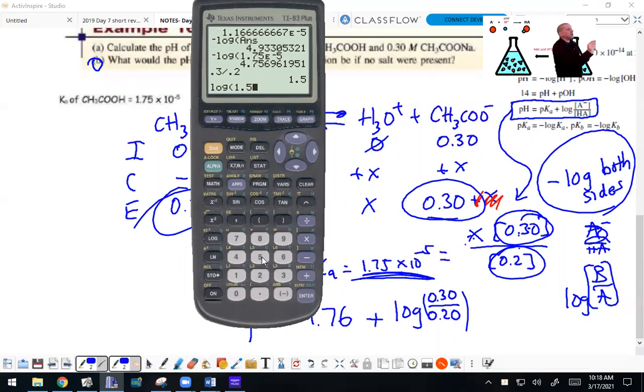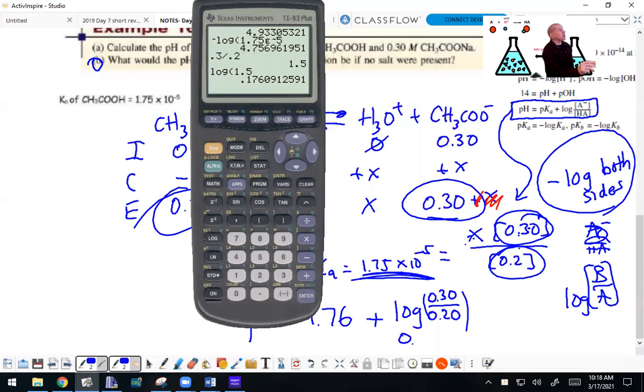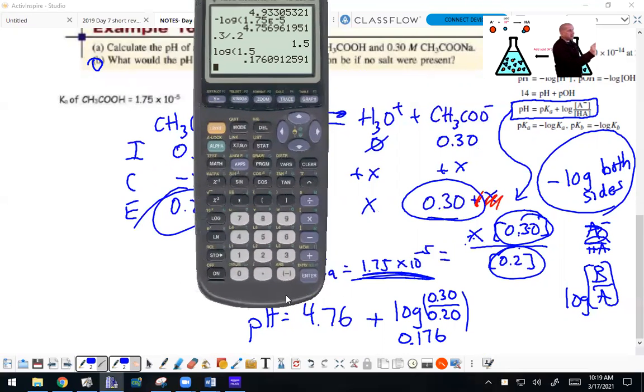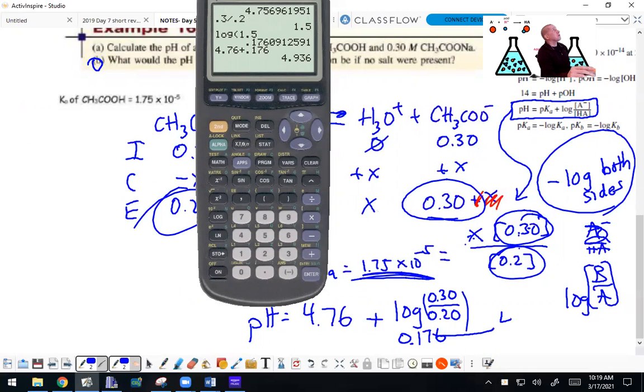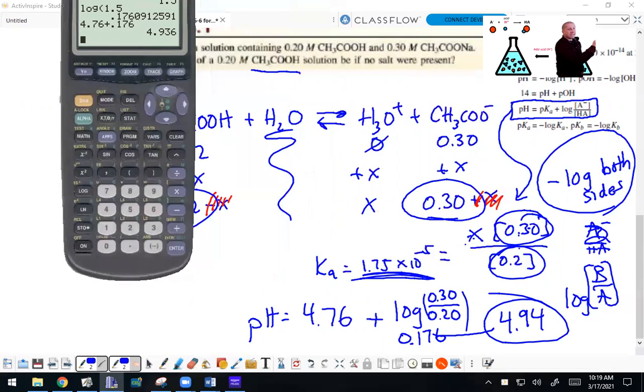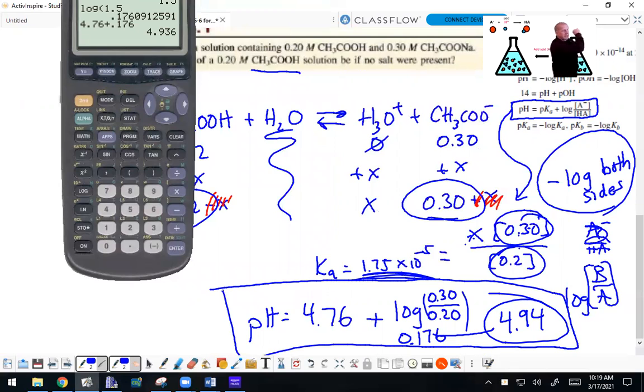The log of 1.5 is 0.176. So our pH is 4.76 plus 0.176, which notice is the same pH we got before. So if we recognize it as a buffer, all we have to do is that equation right there. We don't have to do any of this. Let me show you that.